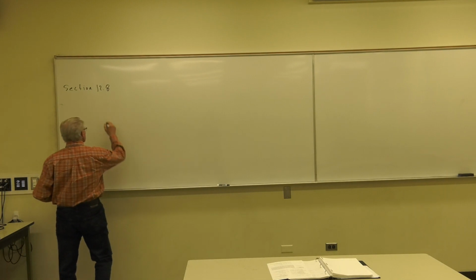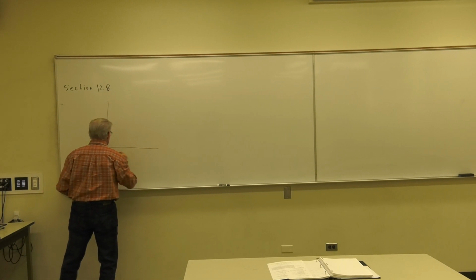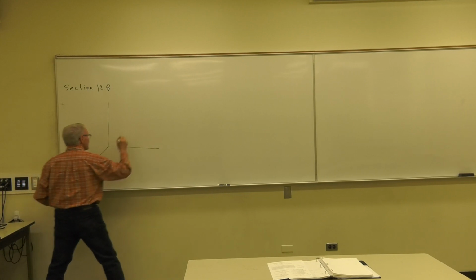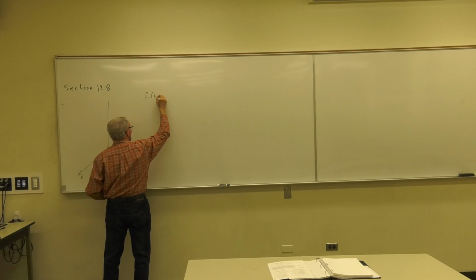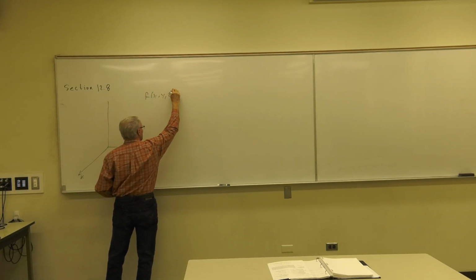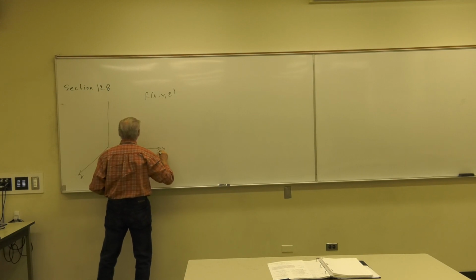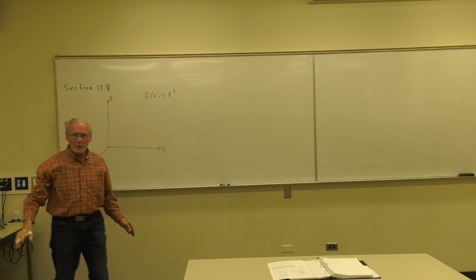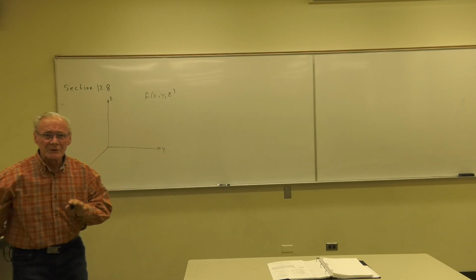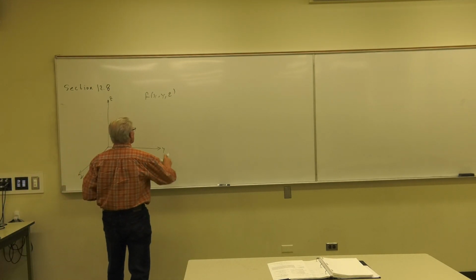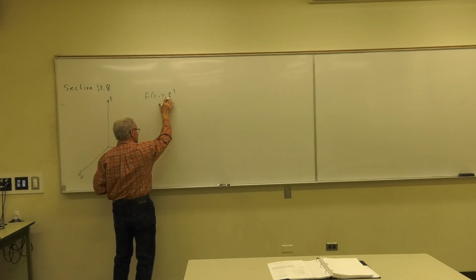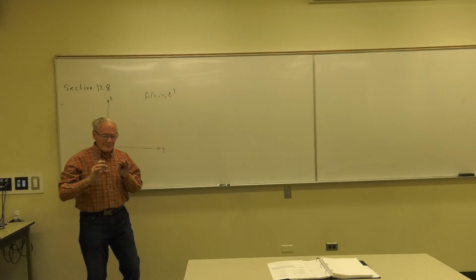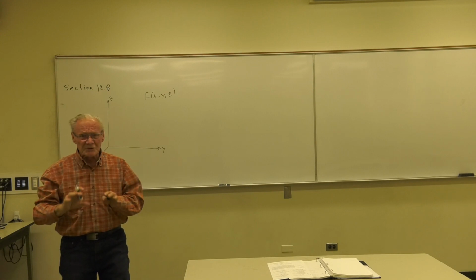Visualize the following situation. You've got a function, f of x, y and z. It is defined in some region of space. Let's suppose it's defined everywhere. If you want something to hang on to, visualize that this represents the temperature at points in the room at which you're working.